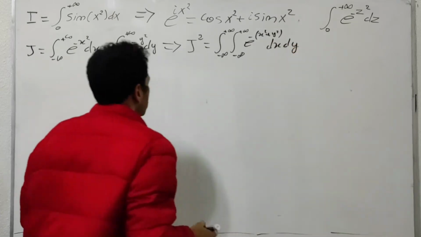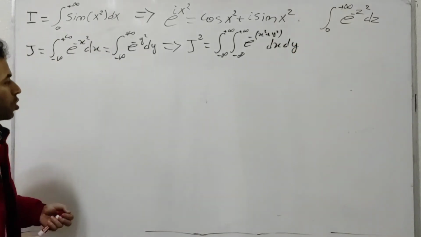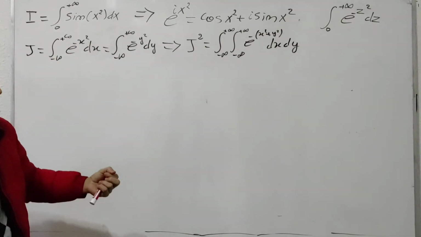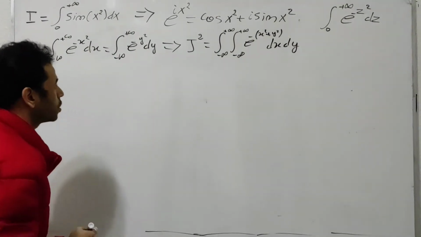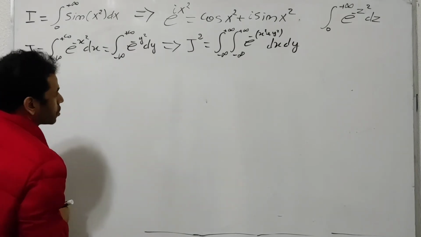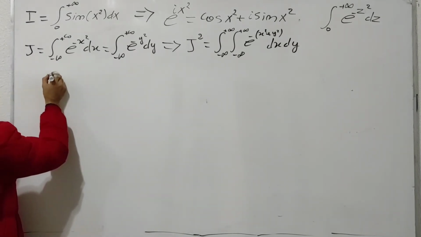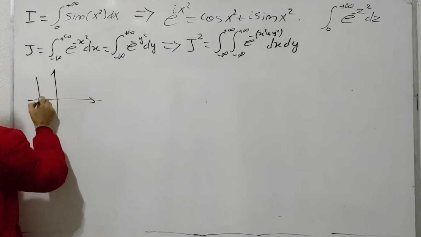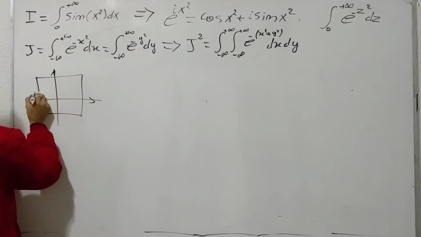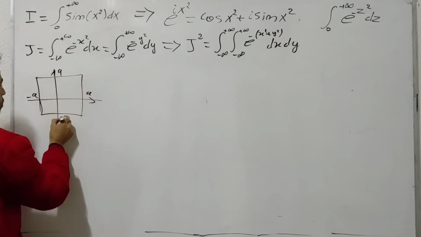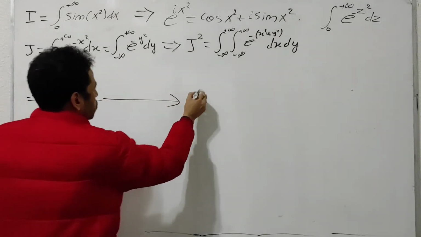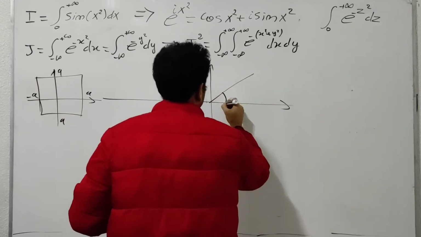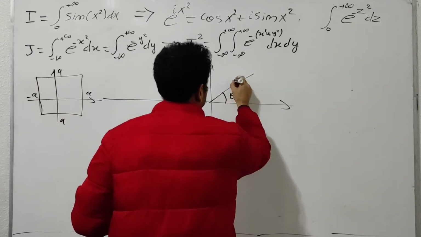Okay, so in order to evaluate this double integral, I'm going to use the Jacobian transformation. Okay, what does the Jacobian transformation say? If you have the plane, this plane, for example, from minus a to a, transfer this one into a new plane in terms of theta and r.